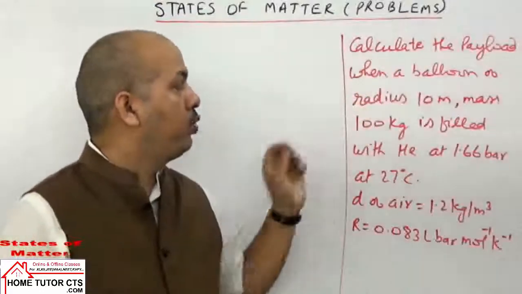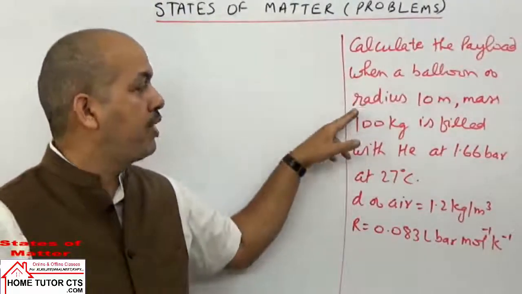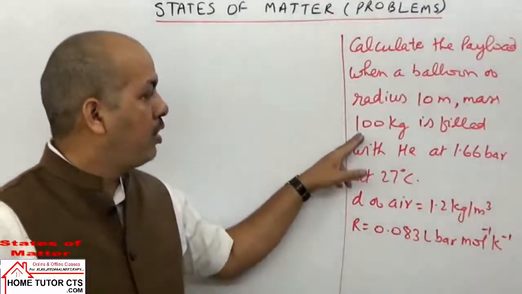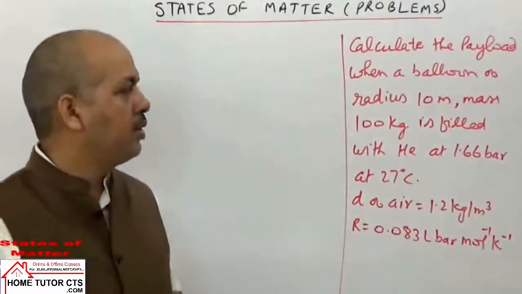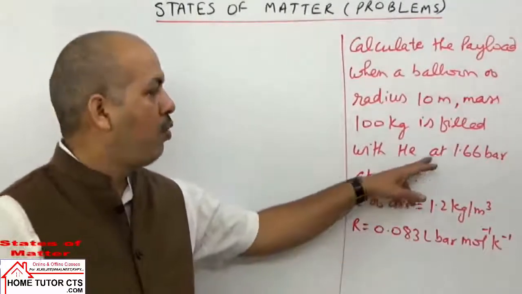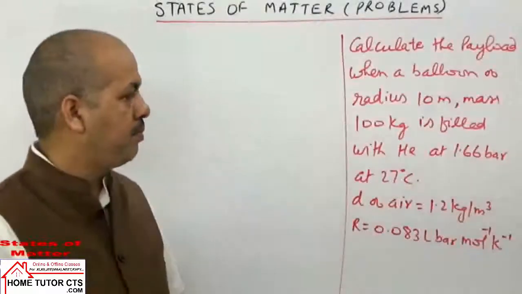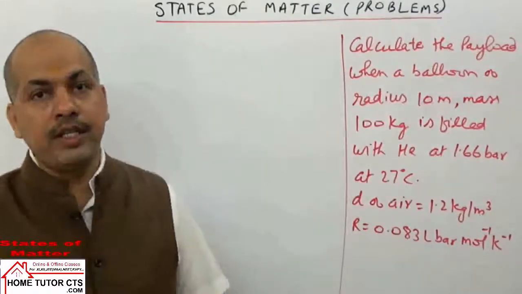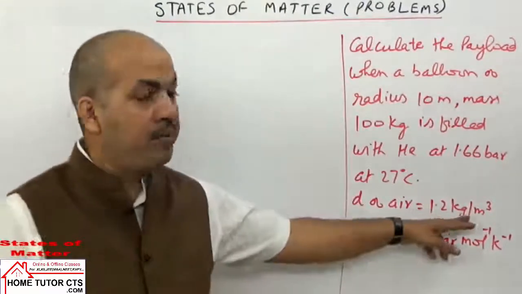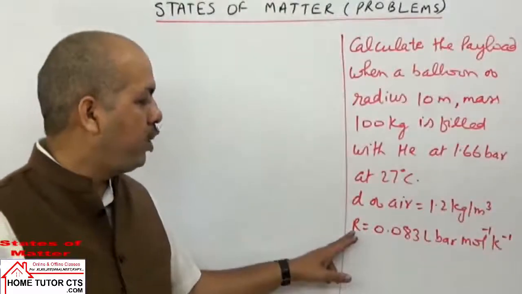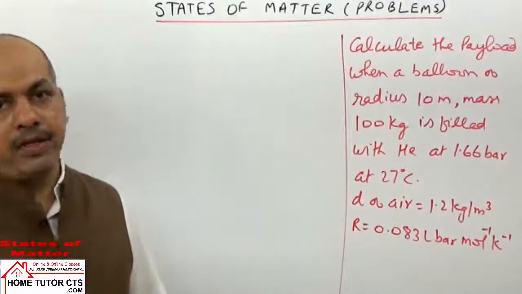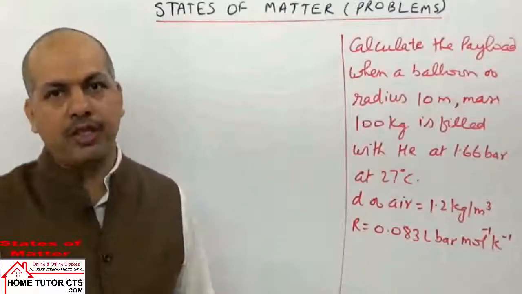Calculate the payload when a balloon of radius 10 meter, mass 100 kg is filled with helium at 1.66 bar at 27 degrees Celsius. Given density of air 1.2 kg per cubic meter and value of R is given 0.083 liter bar per mole per Kelvin. So you can try this question yourself.